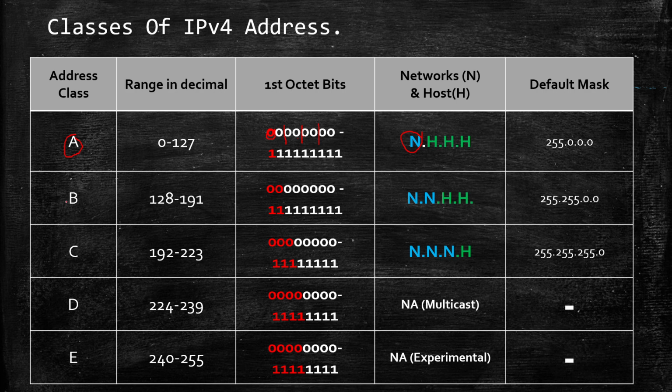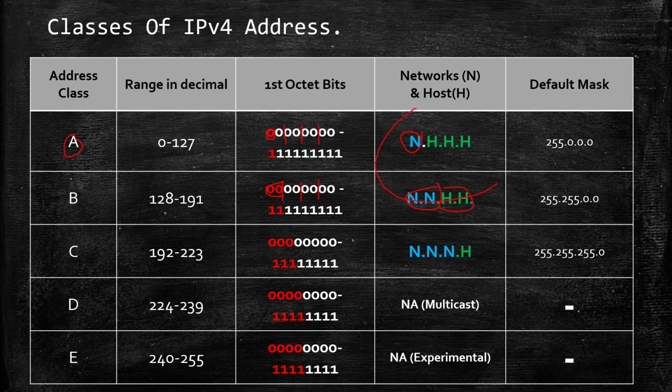Come to class B. The range is 128 to 191. This is also divided into 4 octets. Here we can change the first two numbers only. The first two octets denote the network, and the other two are the host. That is the default mask.